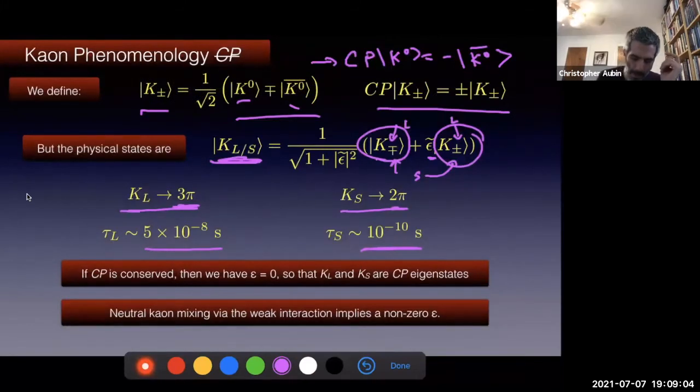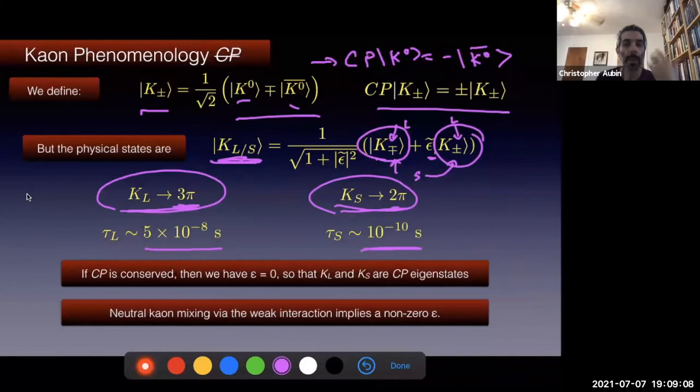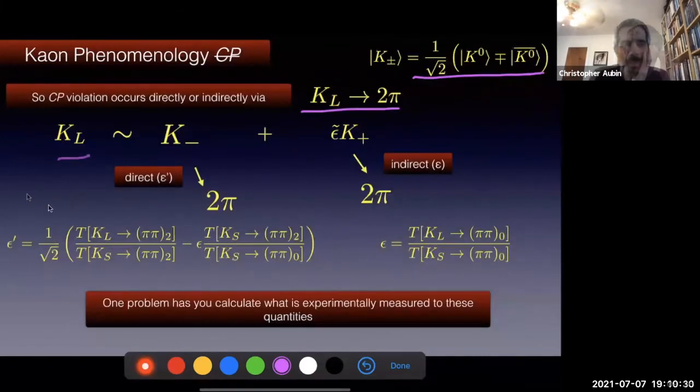Because K long primarily goes to 3 pi, but it could go to 2 pi, because that would indicate CP violation. So this K long has 2 ways that it could decay to 2 pions, which in both cases violate CP conservation.